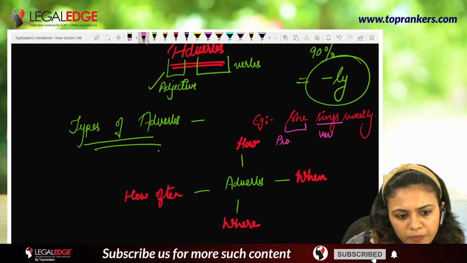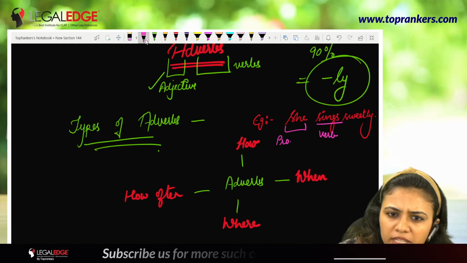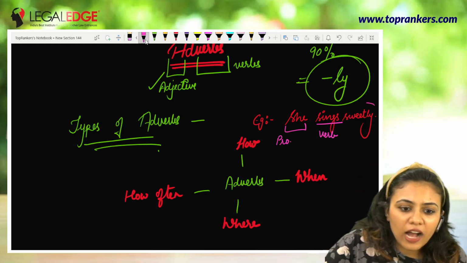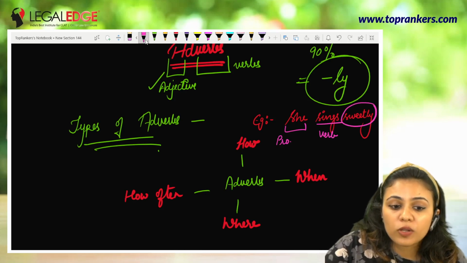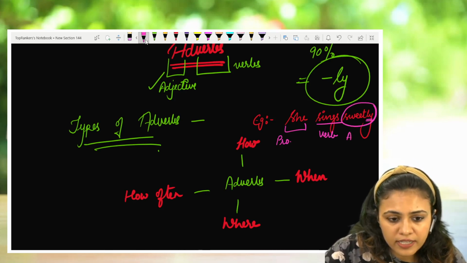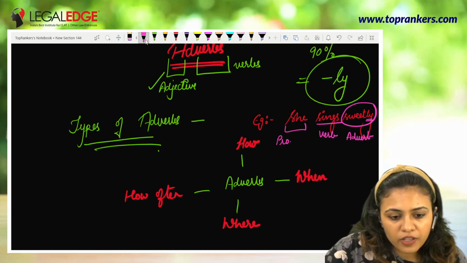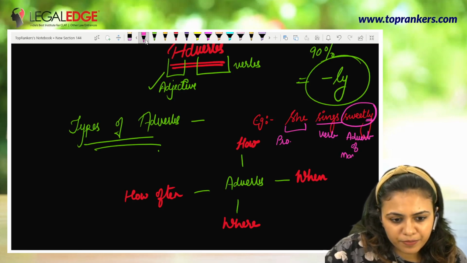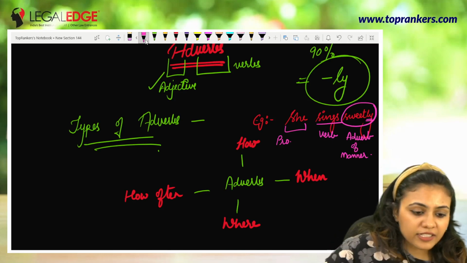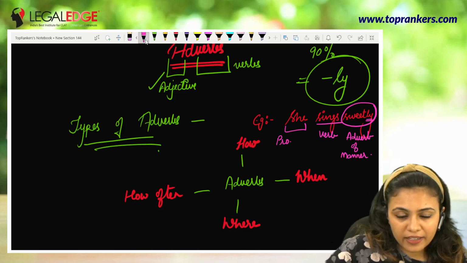Sings is a verb. और verb की विशेषता कौन बता रहा है? How does she sing? तो मुझे लगता है तुम सभी को answer पता ही होगा. How does she sing? Sweetly. Also it ends with ly, as I have already told you. So what is this? This is adverb of manner. ठीक है?